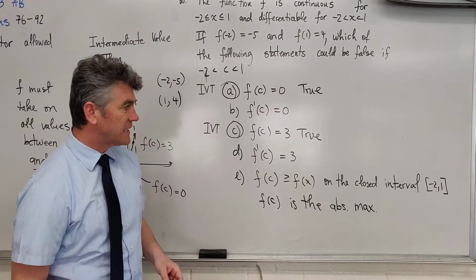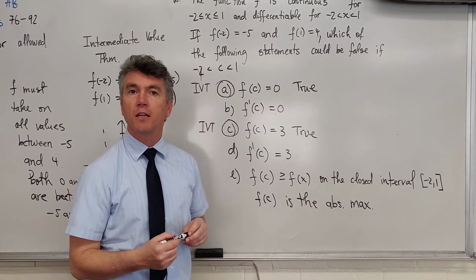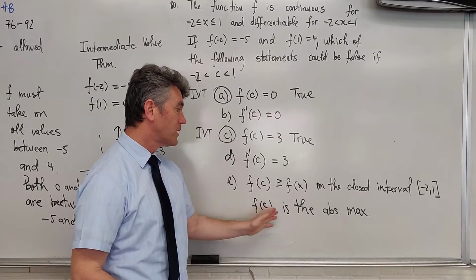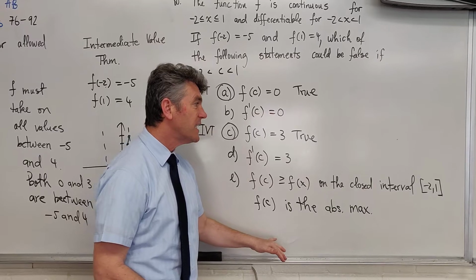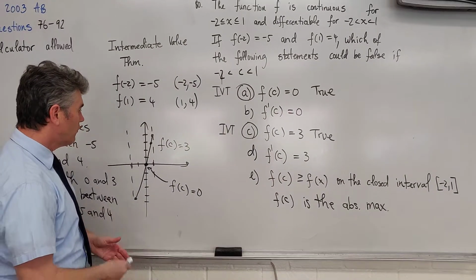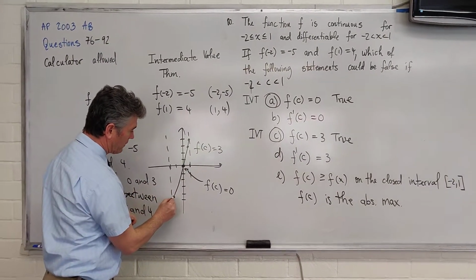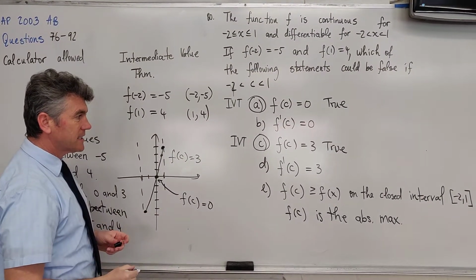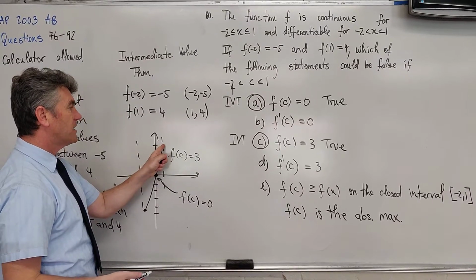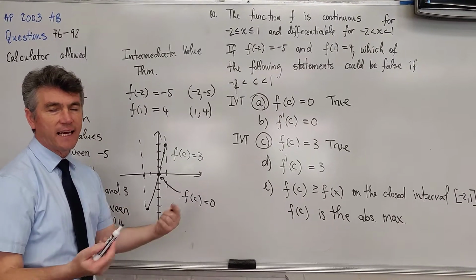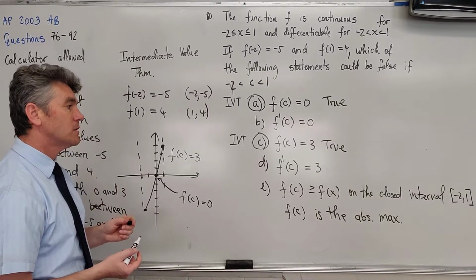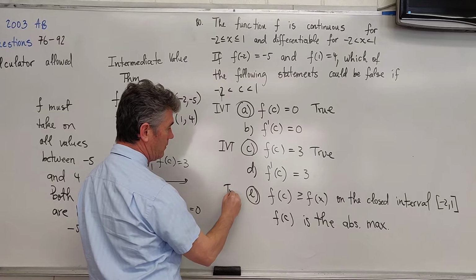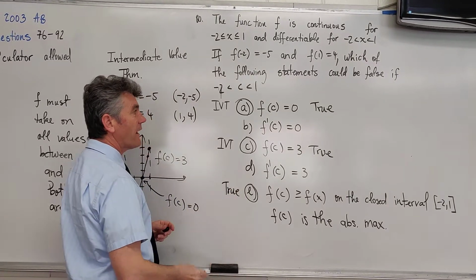We're going to refer to our graph. I drew it in such a way that the absolute max actually occurs at the right-hand endpoint. It doesn't have to occur there. This is just a possible graph. So this is also true.